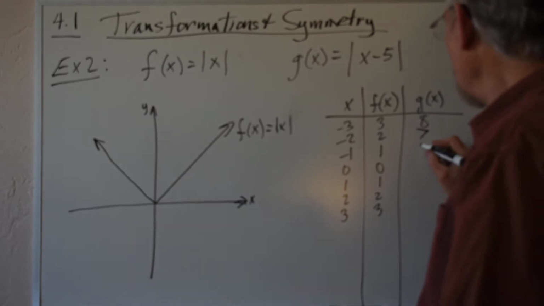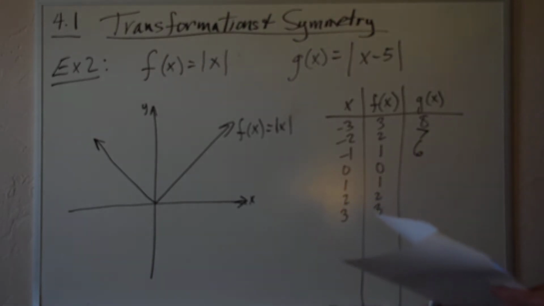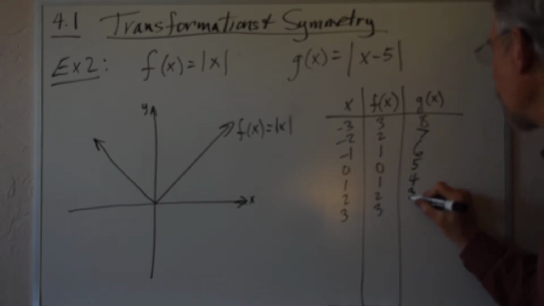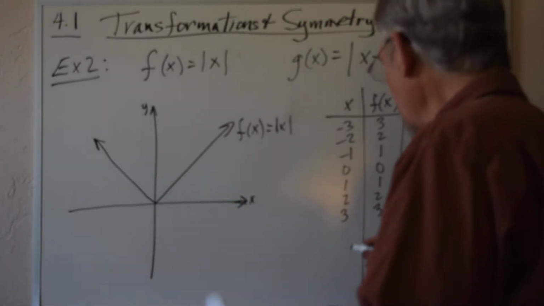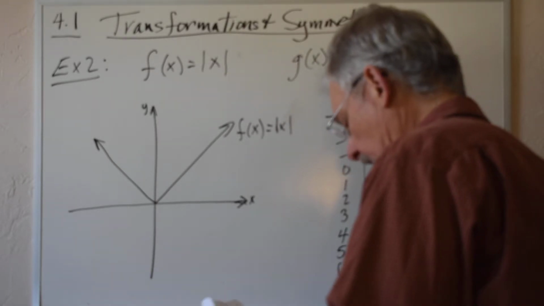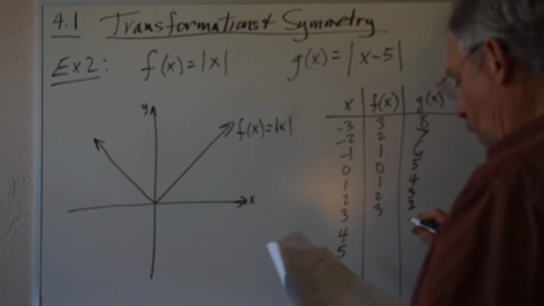When we do it with negative 1, it decreases by 1 again. We get down to 6. And then 5, 4, 3, 2. So if we keep going here, 4, 5, 6, 7, we'll get 1, 0, right?